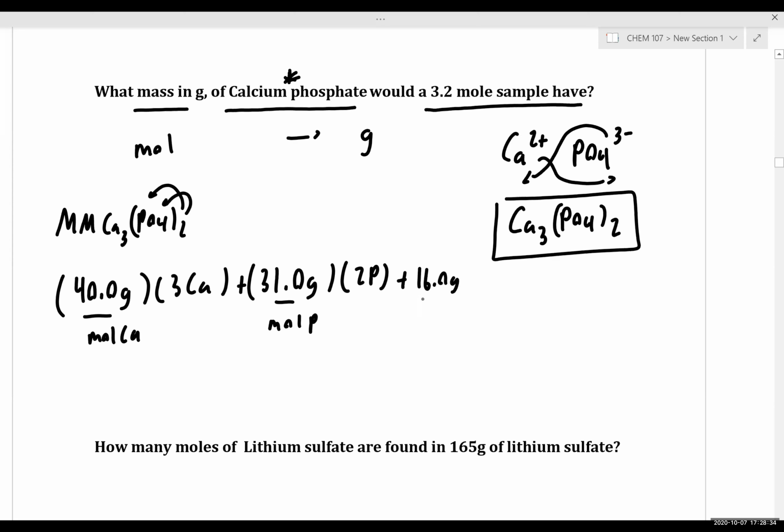Then we take 16.0 gram per mole of oxygen and we multiply by 8 oxygen atoms. Punching this into our calculator, that in turn gives us a molar mass of 310.0 gram per mole.